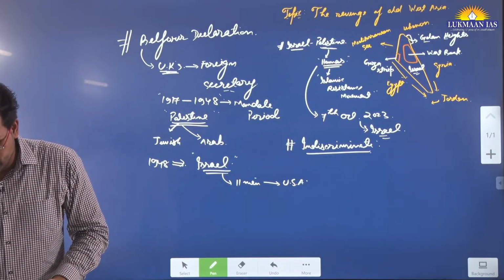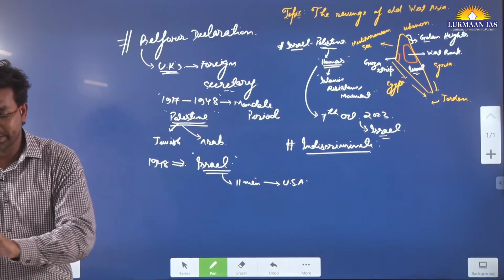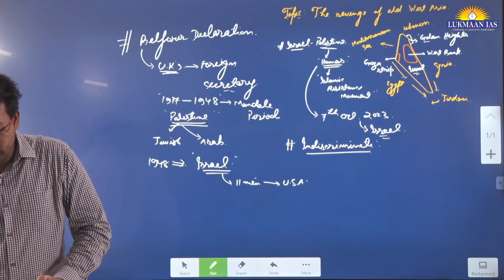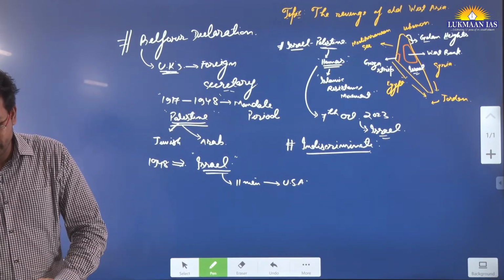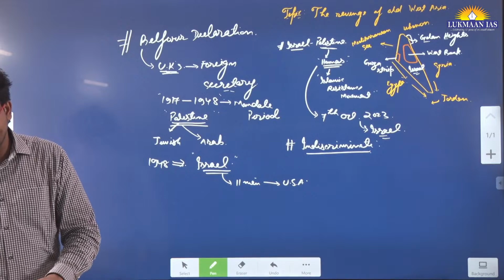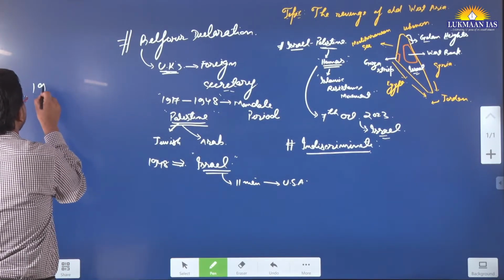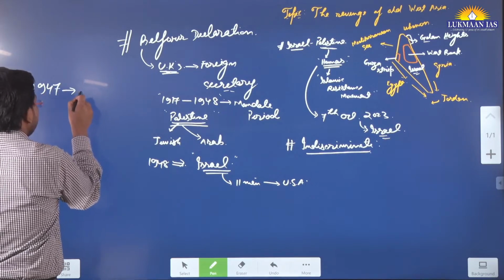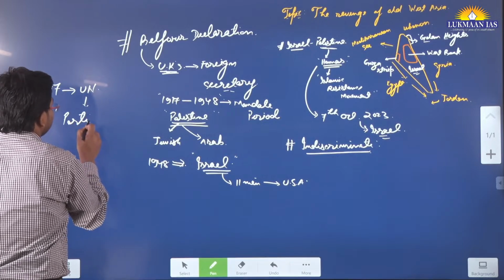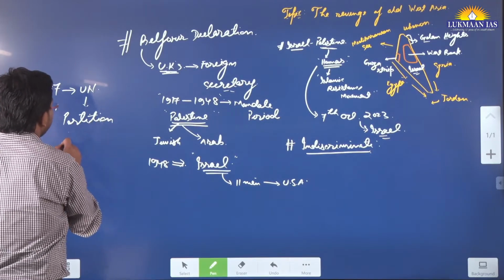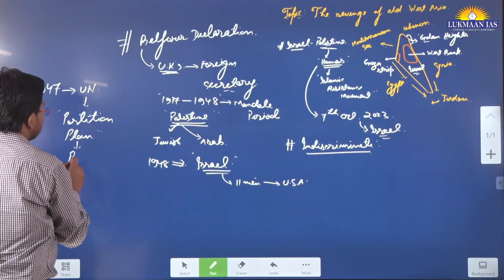In 1948 to 49, in the first Arab-Israeli war, Israel captured 23% more territory, including West Jerusalem, than was allotted in the 1947 United Nations partition plan for Palestine. In 1947, the United Nations had talked about a partition plan for Palestine.